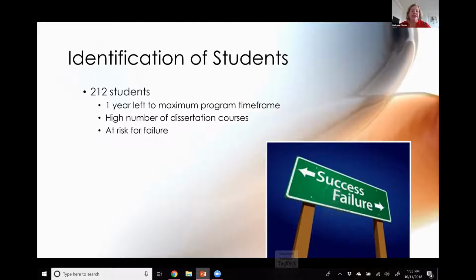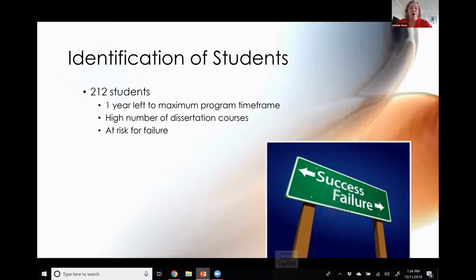Of those criteria, we had to ensure that they had a high number of dissertation courses that they had participated in, that they were close to their maximum time to completion. In this case, we allowed students 10 years to complete, so they had to be within a year to that maximum time to completion before dismissal to be eligible to participate in this special program that we developed.